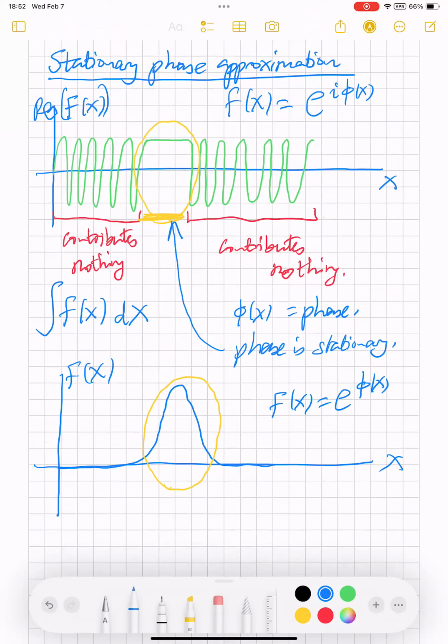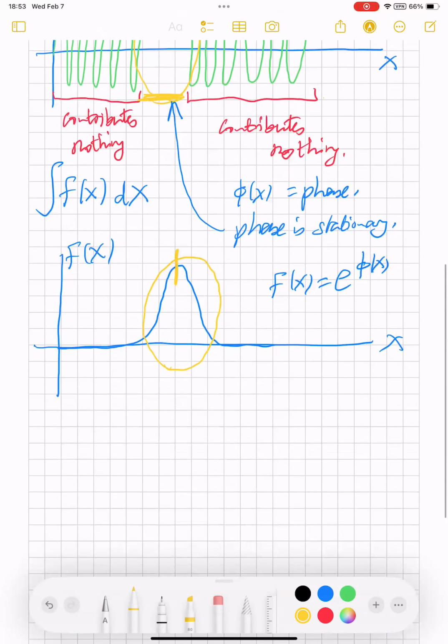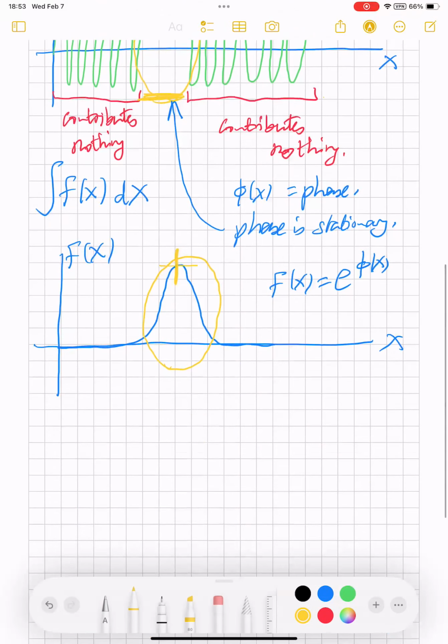So this function is real, okay? Then how do we characterize this point over here, which is sort of in the middle of the important region? Well, when we're going up here and the function's increasing in size, phi of x is getting bigger, bigger, bigger. And then we hit the maximum, phi stops changing, okay? So at the top here, you could put a tangent. The function stops changing, so phi stops changing, and then you start coming down again.